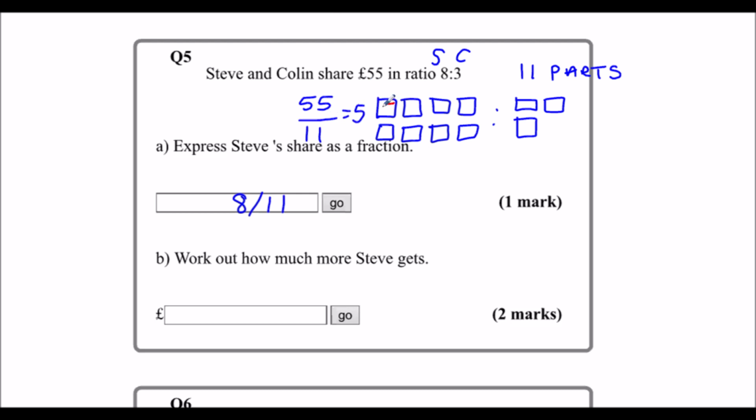So each box is worth £5. And Steve's got 8 of them and Colin's got 3 of them. So Steve's got 8 times 5, 8 lots of 5, which is £40. And Colin's got 3 lots of 5, which is £15. So how much more does Steve get? Well, 40 take away 15, £25.